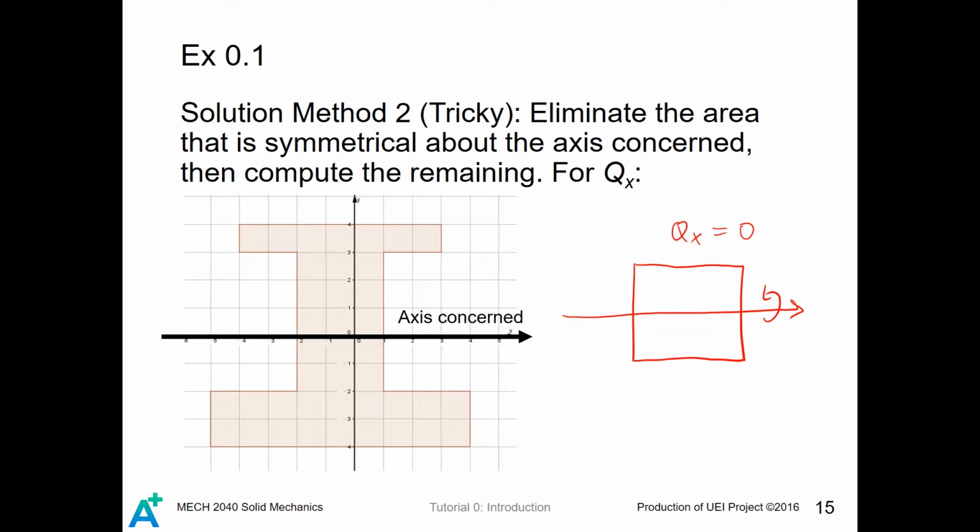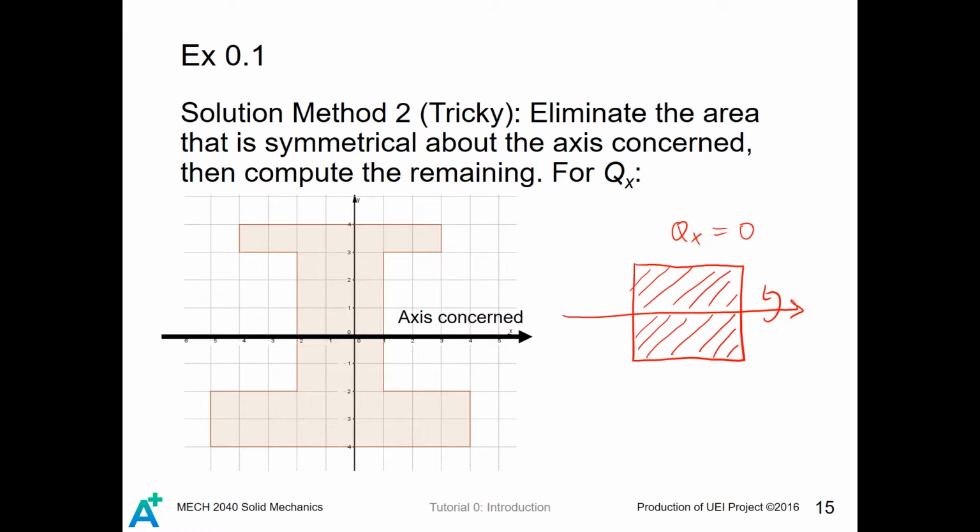In that case, the axis we concern is the x-axis. That means the region above the x-axis and the region below the x-axis are symmetrical, and the first moment of inertia generated by them is 0.